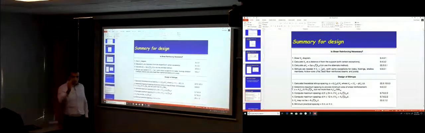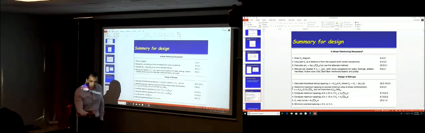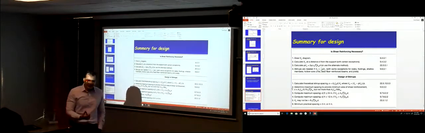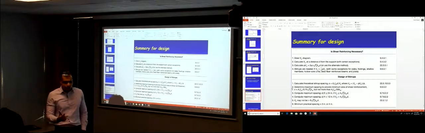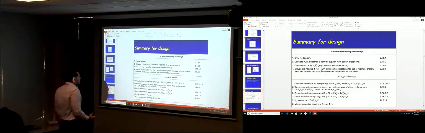You find the maximum shear force, and then you go a distance d from the support to find this shear force. And then you need to see how much strength the concrete can provide to resist the shear force. So how much can the concrete resist?